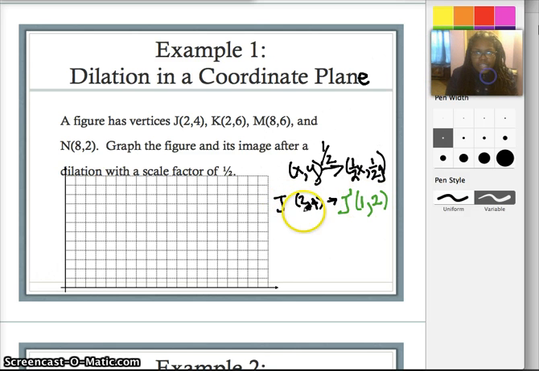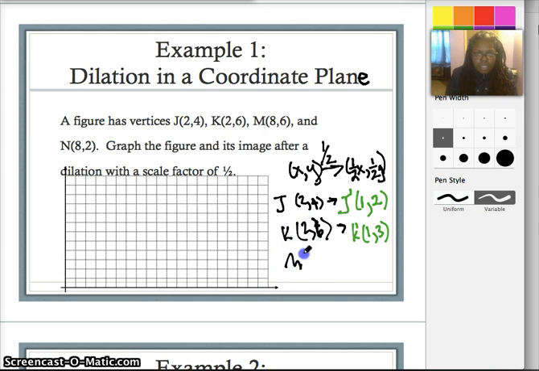And let's go ahead and do the next couple of them. So K, I'm going to multiply each of the coordinates of K, oh, that's 2, 6, by 1/2, and I get K prime being 1 and 3.